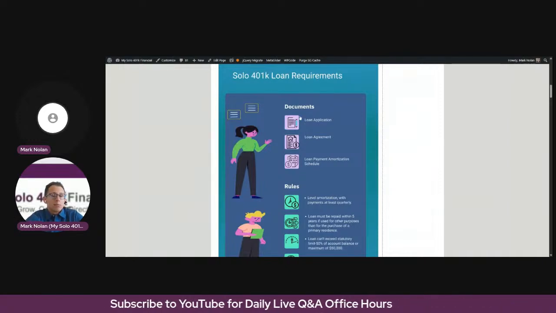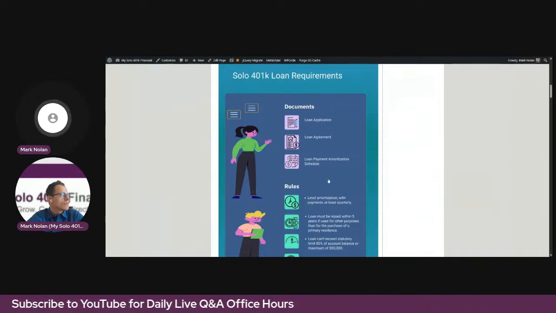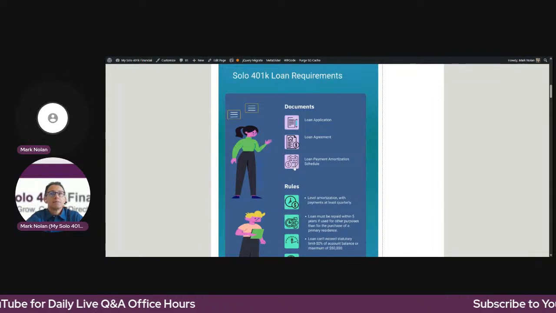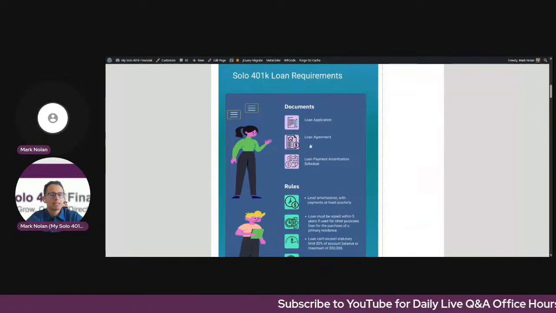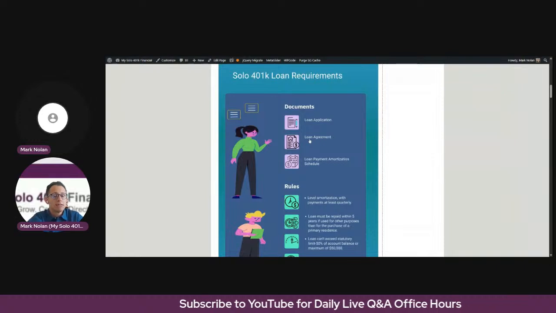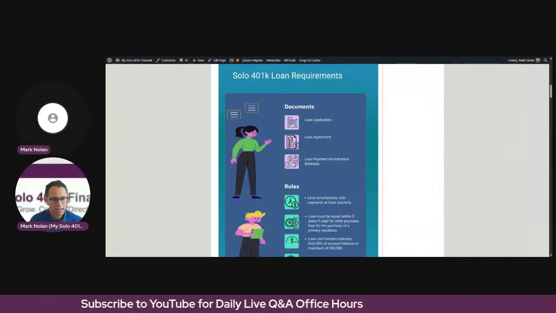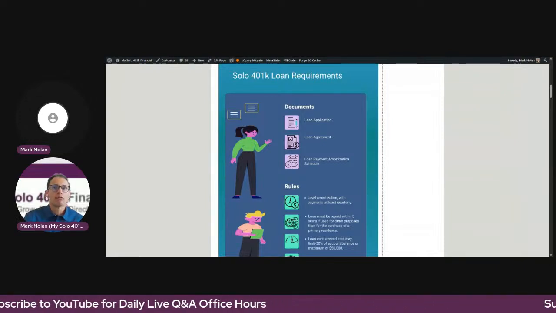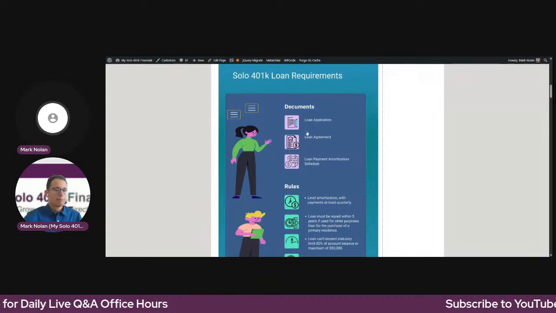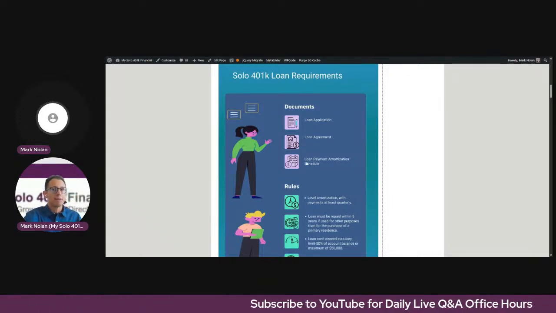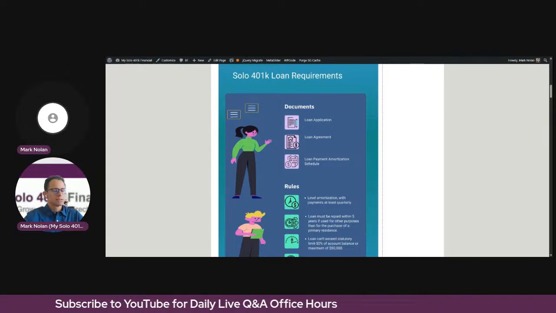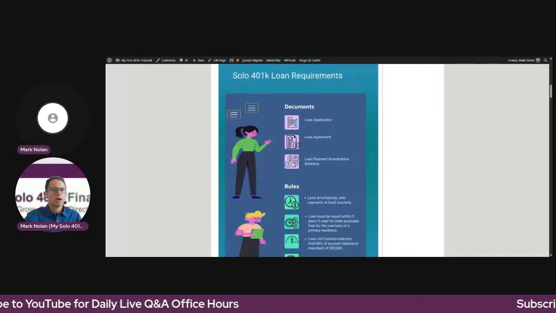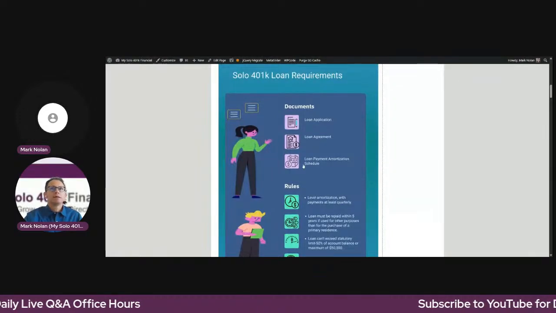And then we, as the provider of the solo 401k plan, will draft the actual loan documents as specific loan documents apply when you take a loan from a 401k, including a self-directed solo 401k plan. So we'll prepare a loan application, the loan agreement, and the loan payment amortization schedule. We typically prepare those documents once you let us know how much you want to borrow from the plan.